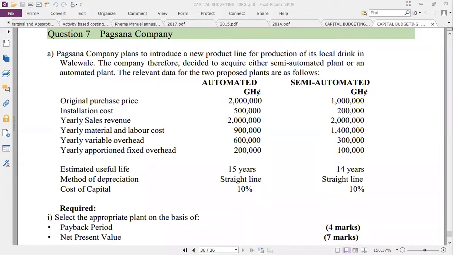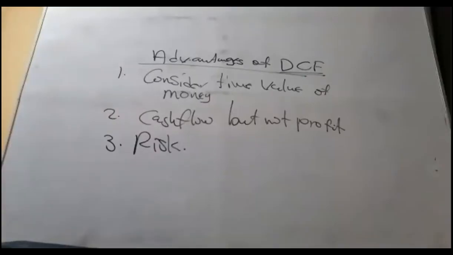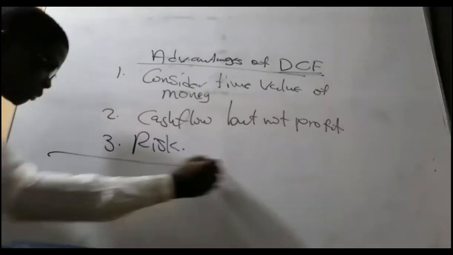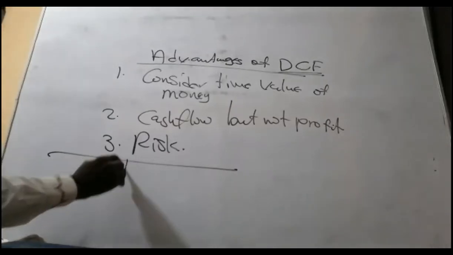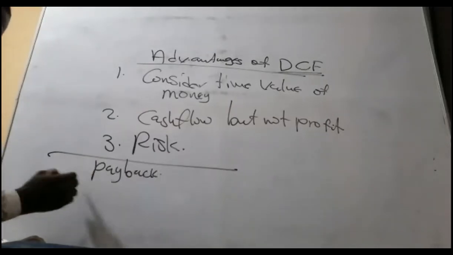Now, all the disadvantages that we looked at under the payback are true, except for one. Let's go to the board. The normal payback period has a particular sickness, a particular disease.